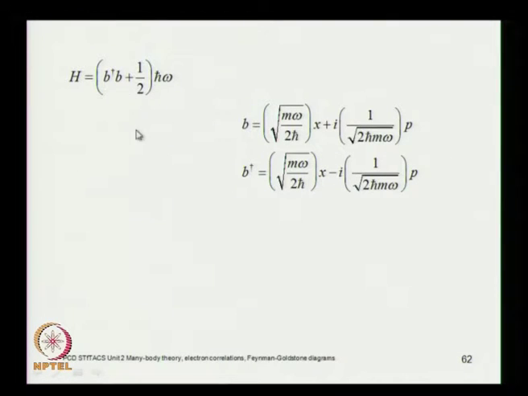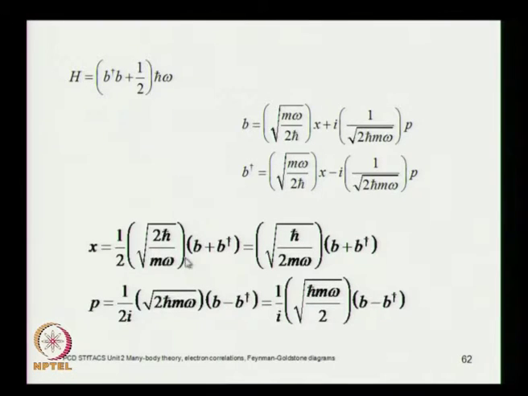This is the Hamiltonian, these are the destruction and creation operators in terms of position and momentum fundamental operators. Okay. And you can now add and subtract these results and take care of the coefficients, and you can write x and p in terms of b and b dagger.